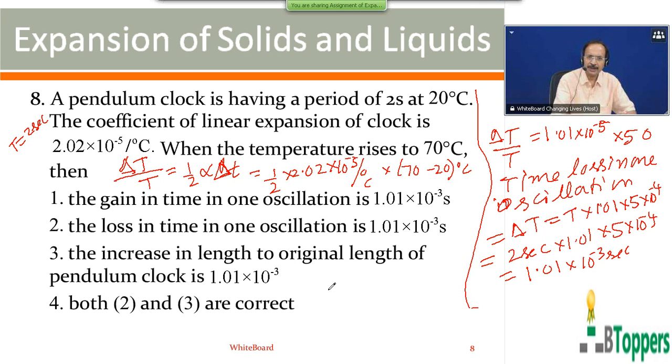Now the coefficient of linear expansion alpha, we can write as change in length by original length into change in temperature. So the ratio of increase in length to the original length, you can write as alpha into change in temperature. Delta small t denotes the change in the temperature.